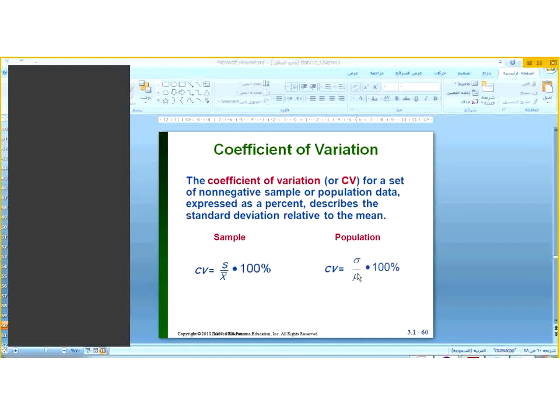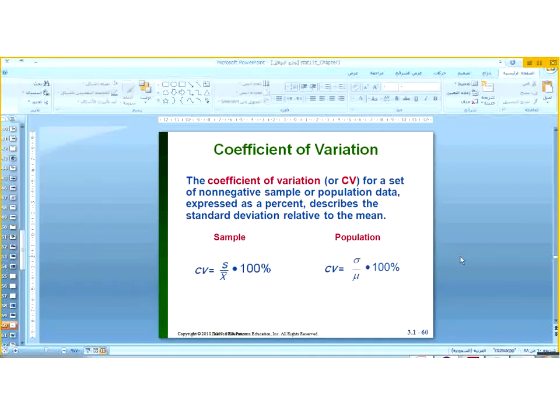Which one has a higher variation, the first one or the second one? 60 or 50 is bigger? Of course 60, Amal. So the first sample has a higher variation than the second sample, or the first population has a higher variation than the second population.